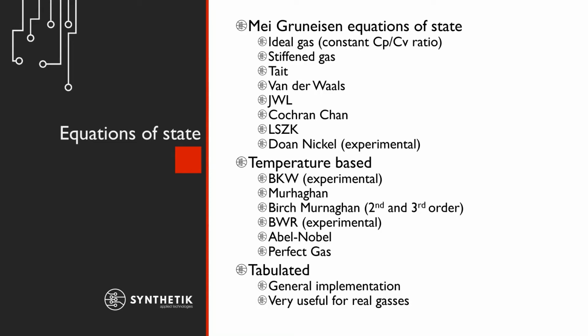Next, we have the stiffened gas equation of state, the Tate equation of state. Those two are very similar. Then we have the van der Waals equation of state, JWL, which we talked about, Cochran-Chan, LSEK, and then Dewan-Nickel. The Dewan-Nickel is a very complicated way to describe air at very high temperatures and pressures.